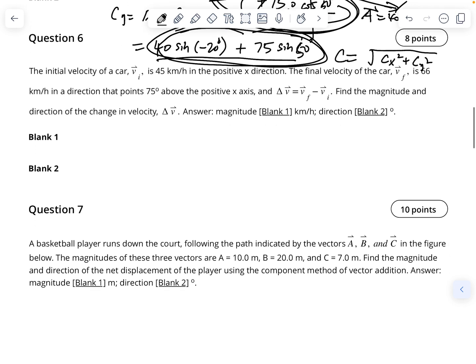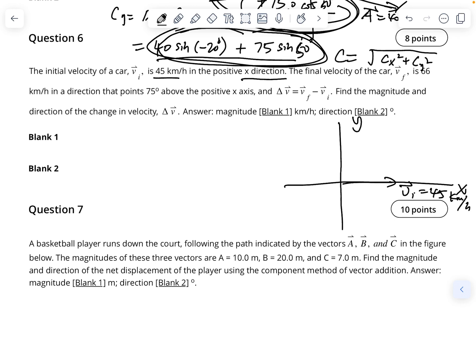Number 6. Initial velocity VI is 45 kilometers per hour in the positive x direction. Okay, so this is VI, 45 kilometers per hour.